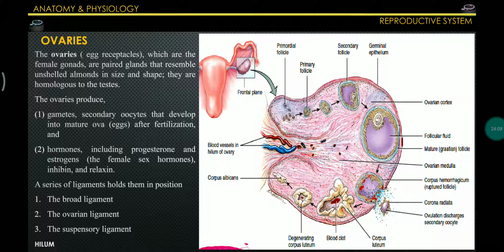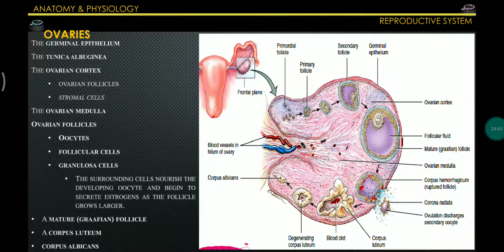They are female gonads, paired glands present on either side of the uterus, and produce gametes, secondary oocytes, which develop into mature ova after fertilization. They also produce hormones like progesterone, estrogen, inhibin and relaxin. A series of ligaments hold them in position: the broad ligament, ovarian ligament and suspensory ligament.